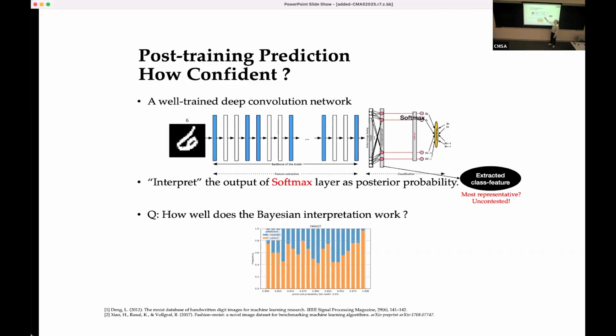The problem is that the probability represented here is always overly optimistic because of the training. When you do the training, you try to look at the best fit, and that's well known. You can see this is the predicted probability, and this is the actual probability of correctness. It varies a lot on this part.